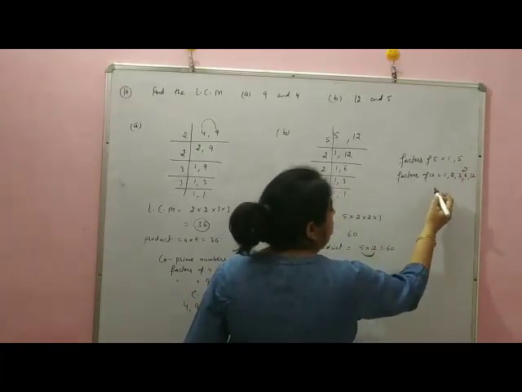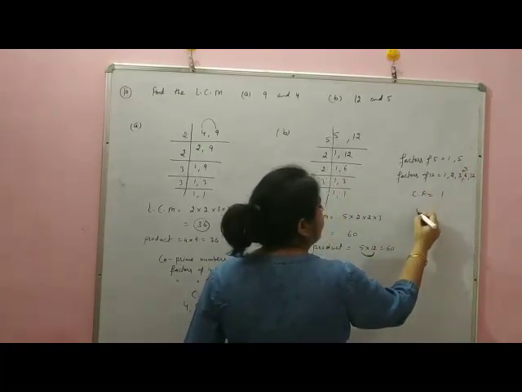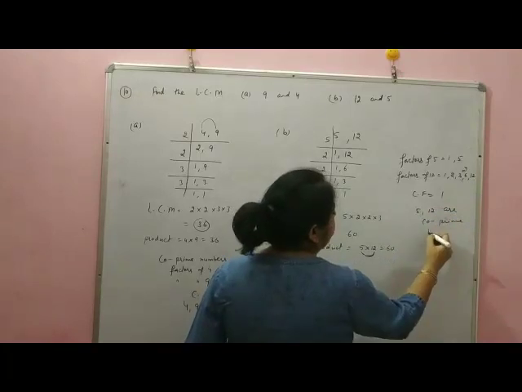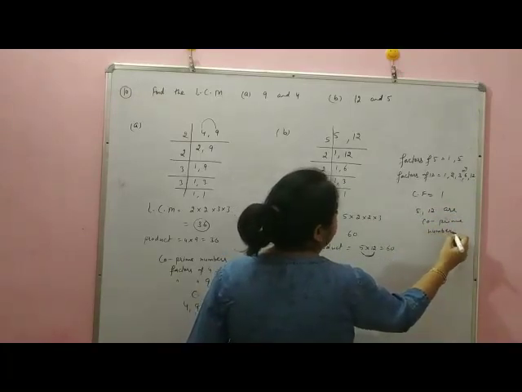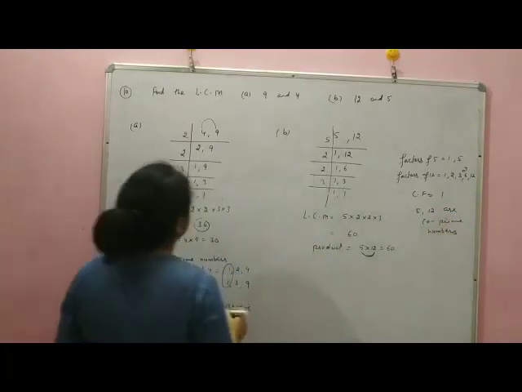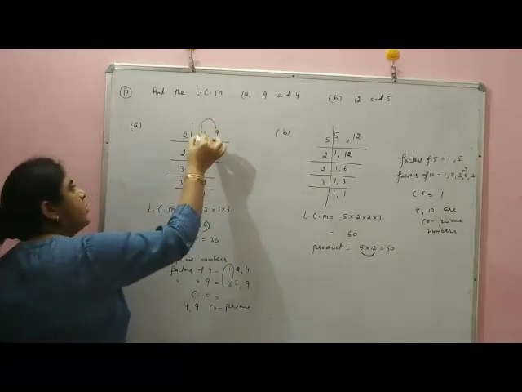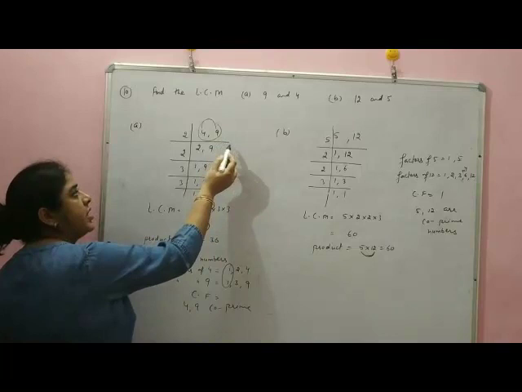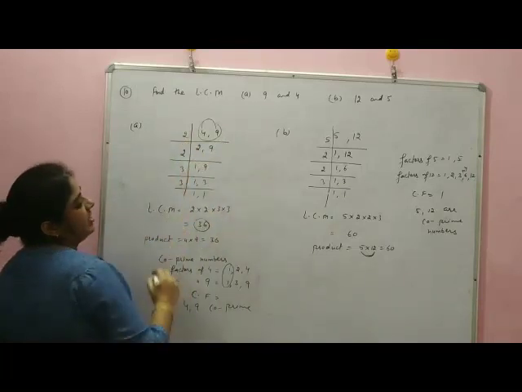So what are the common factors here? 1. So it means 5 and 12 are also co-prime numbers. Students, what we are observing here is that if two numbers are co-prime numbers, then the product of the numbers is the LCM of the numbers.